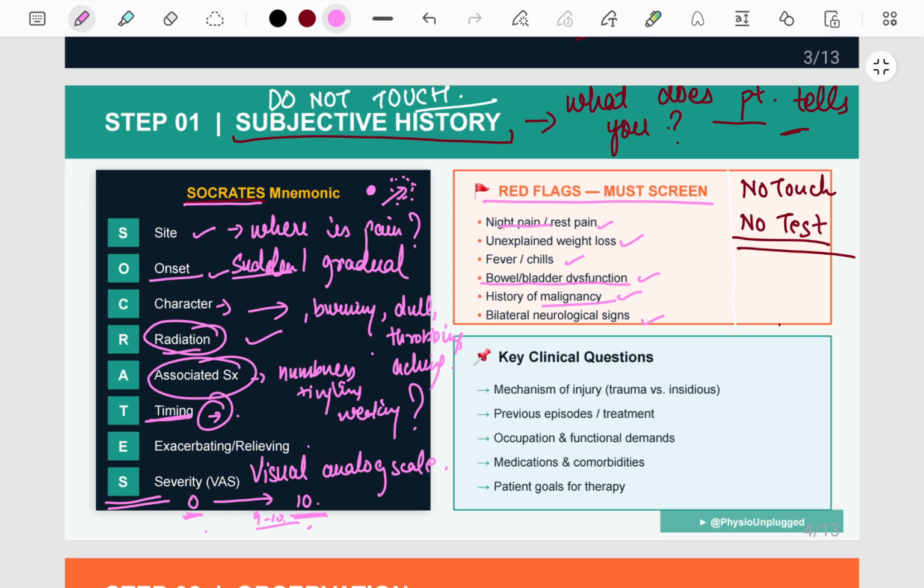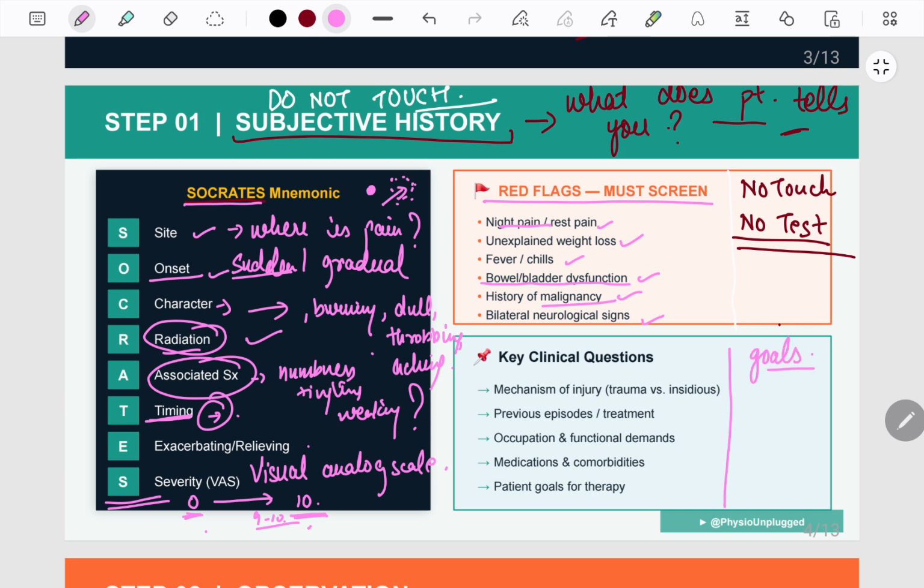Now finally, ask about the patient's occupation. Why? Because the patient can have a previous medical history, previous episodes, and then we also have to ask about the patient's goals.